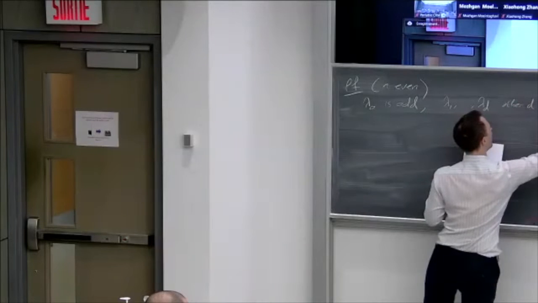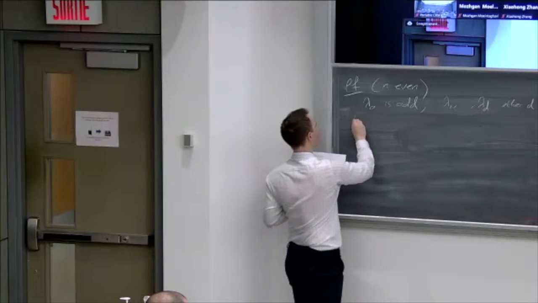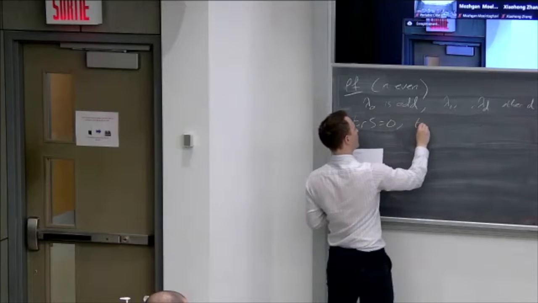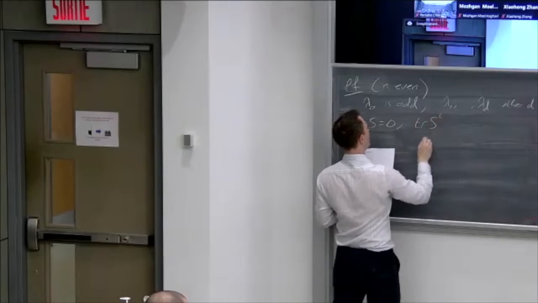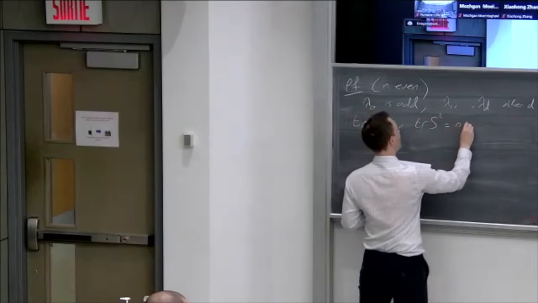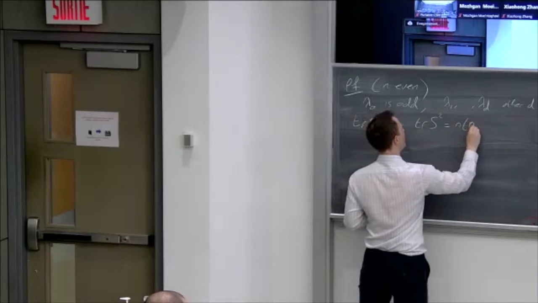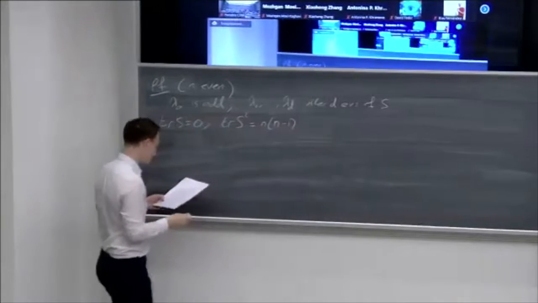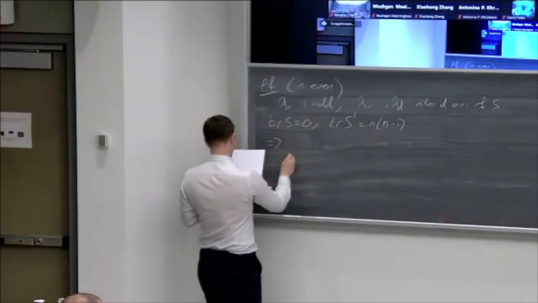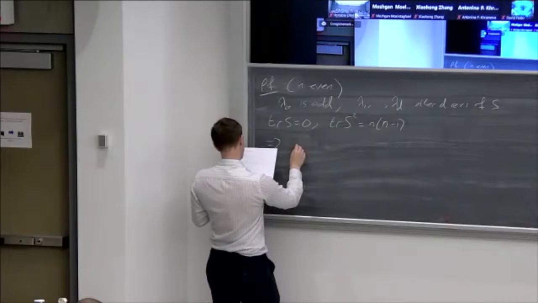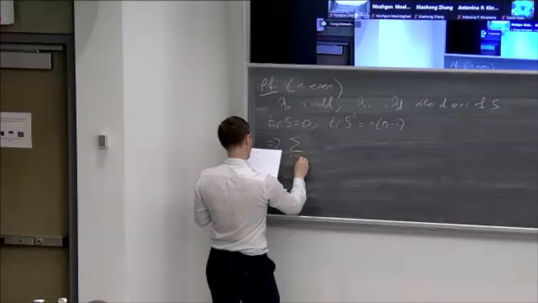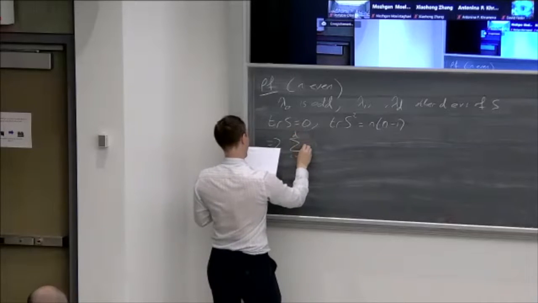of S. Now we're going to use these properties of Seidel matrices that we've seen before. The trace of a Seidel matrix is 0, since it has 0 on the diagonal. The trace of a Seidel matrix squared is n times (n − 1). If you put these two things together, you can obtain the following. Let me go a bit slow, since you might not remember from the first lecture.